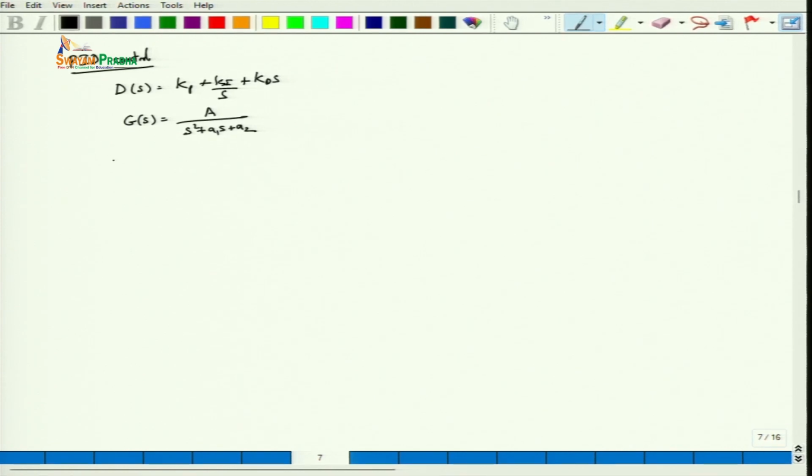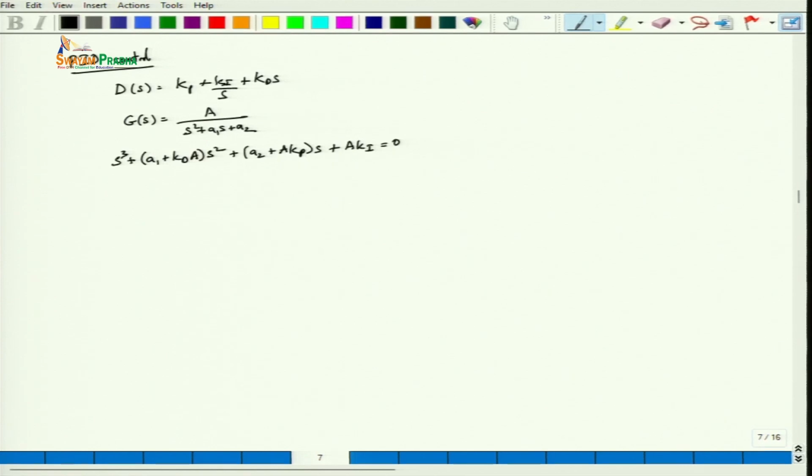Now if we take 1 plus GD equal to 0, we get s cubed plus (A1 plus Kd times A) s square plus (A2 plus A times Kp), this whole thing multiplied by s, and we get A times Ki as the constant.